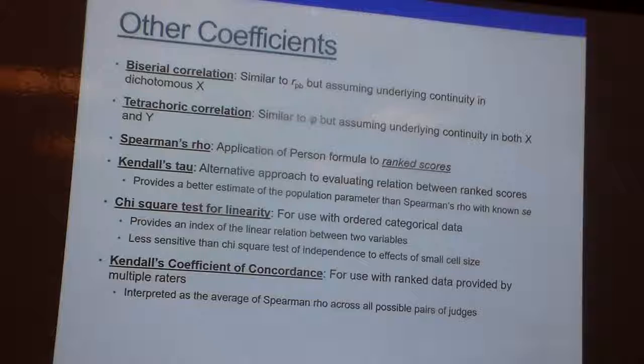If we're talking about a biserial correlation, it's going to be similar to a point biserial, except here we're assuming that this dichotomous X has an underlying continuity, right? So if I'm looking at physical sex, and I've decided that physical sex is a true categorical variable, this group or that group, then a point biserial correlation would be appropriate.